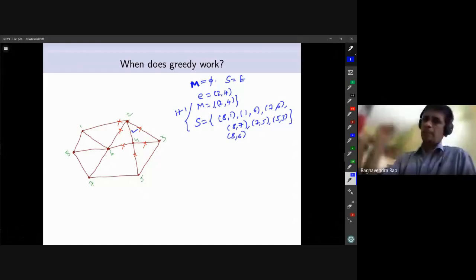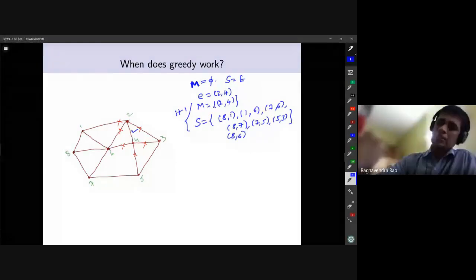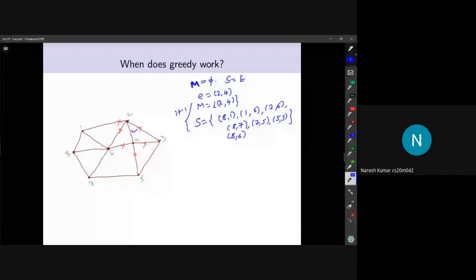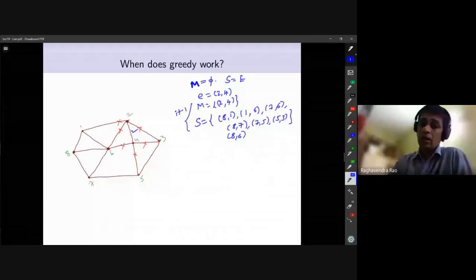Okay. So suggest an edge for iteration 2. Anything which is conflict free, right? 6, 7. Okay. So E is 6, 7.